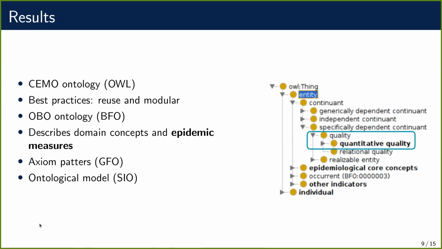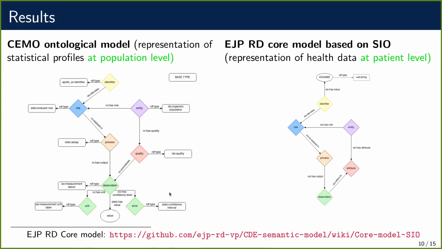And we developed this conceptual model for epidemic measurements to describe them at population level. Here on the left, I show you the conceptual model. As you can see, we described these epidemic measurements as outputs of, or observations from, a process.